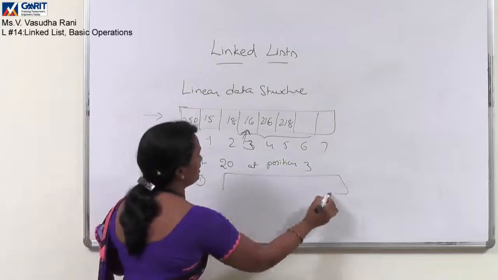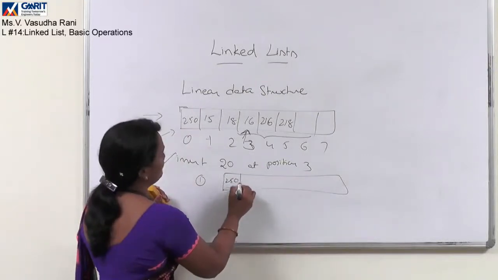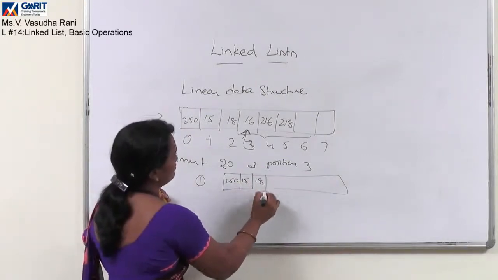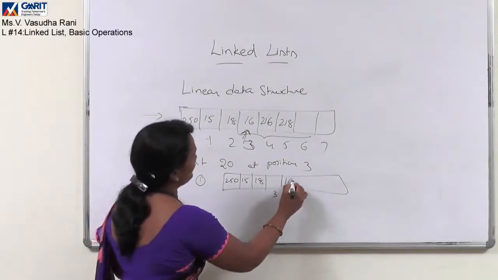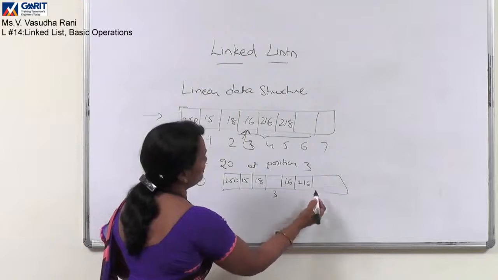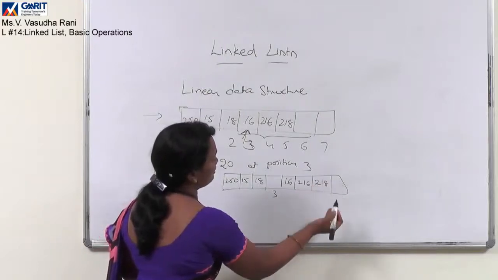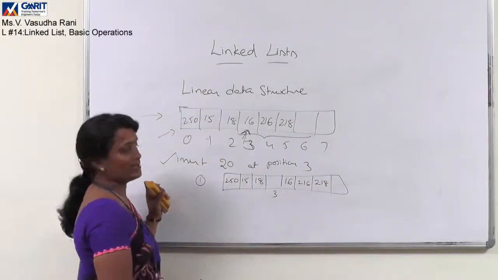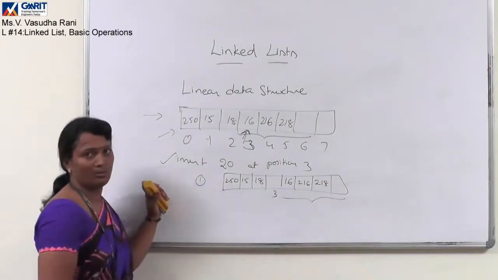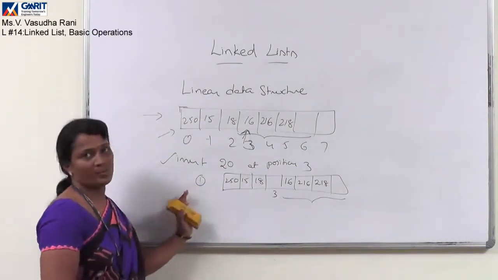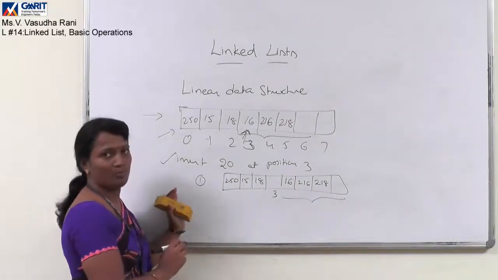That can be visualized like this, and this third location can be made empty, and data shifting has to take place. This data movement is computationally expensive.